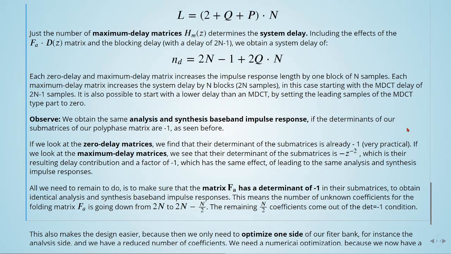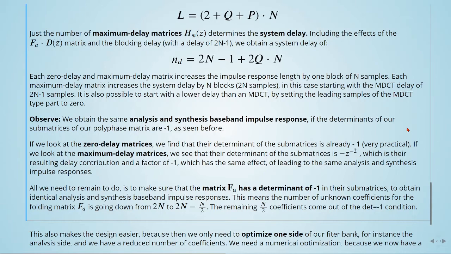Observe that we obtain the same analysis and synthesis baseband impulse response if the determinants of the submatrices of our polyphase matrix are equal to minus 1 as seen before. If we look at the zero delay matrices, we find that the determinant of the submatrices is already equal to minus 1, and it's very practical.